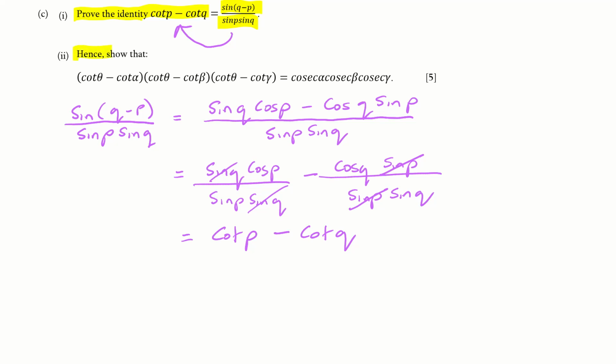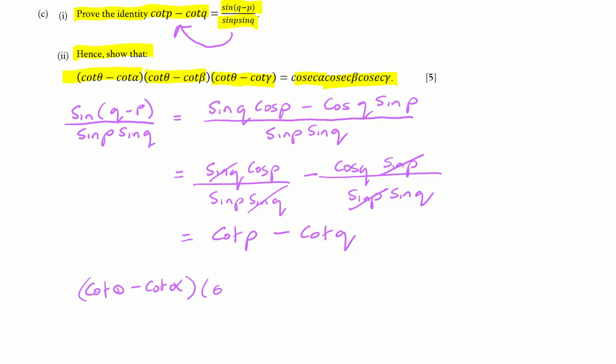Now in part 2, hence show that cot theta minus cot alpha, cot theta minus cot beta, cot theta minus cot gamma is cosec alpha, cosec beta, cosec gamma. So let's think about this.